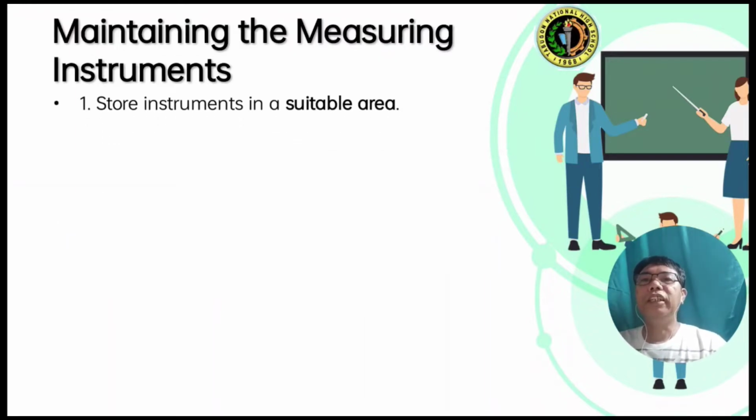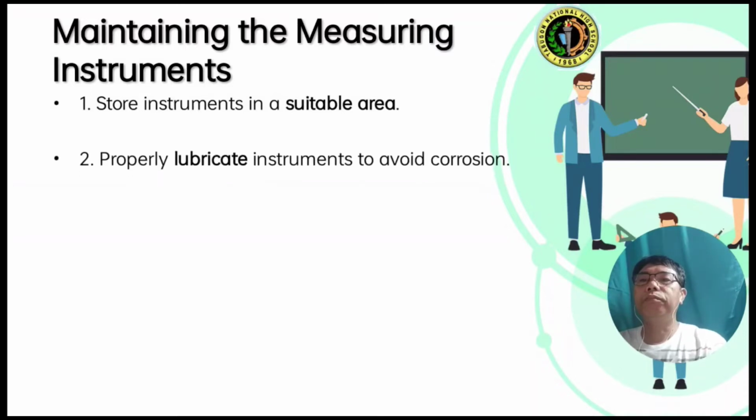Okay, for maintaining the measuring instruments, we have here number 1. Store instruments in a suitable area. Of course, you have to provide a storage area like cabinets or boxes for classified tools and equipment.